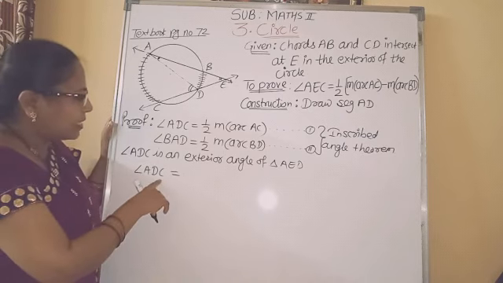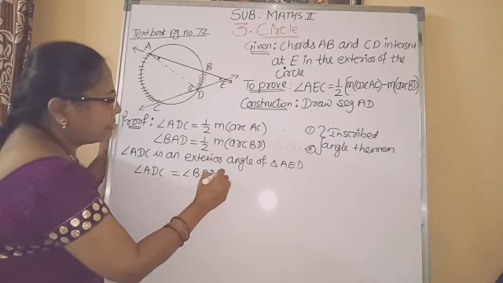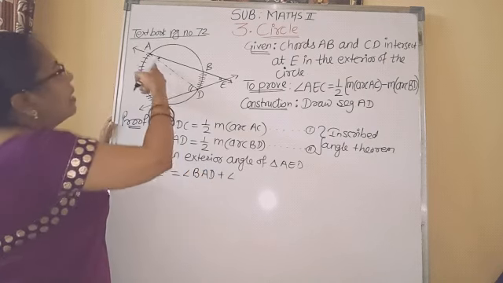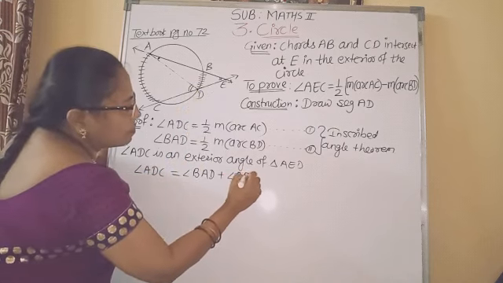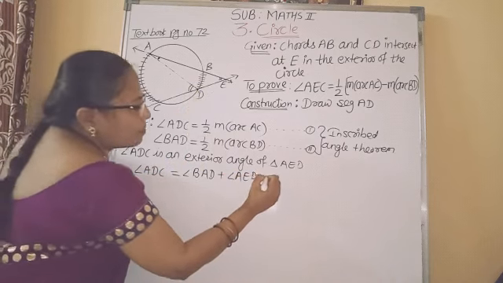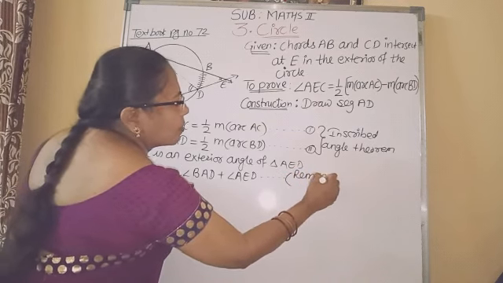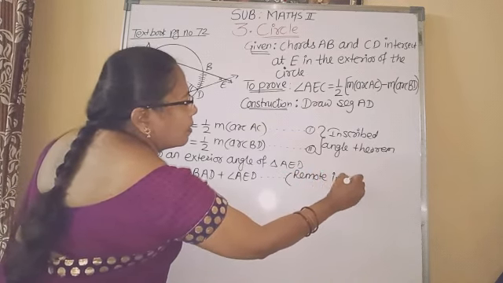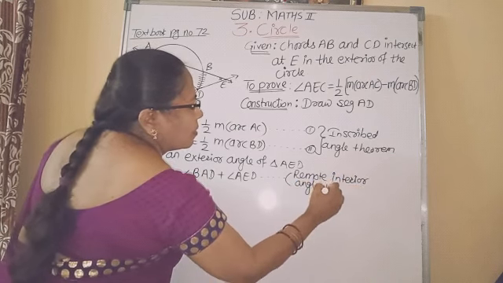So angle ADC is equal to angle BAD plus angle AED. And here reason we can write remote interior angle theorem.